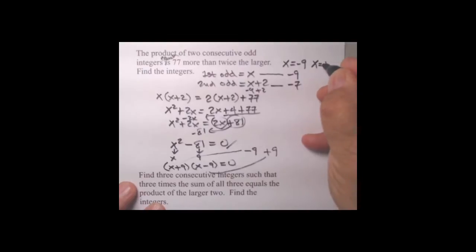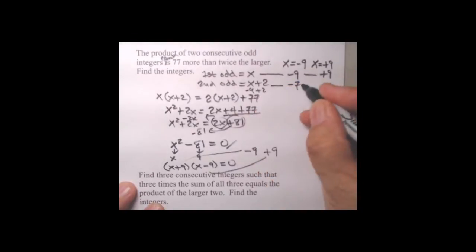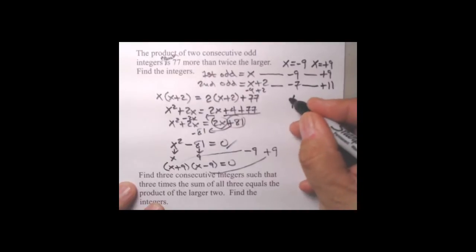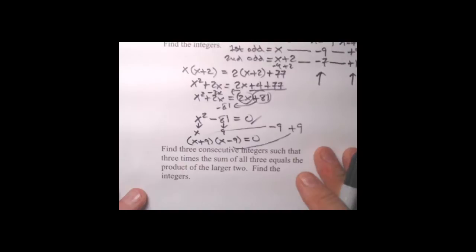So x equals plus 9. Well, the x is just plus 9. The x plus 2 would be 9 plus 2. This would be plus 11. So once again here, two sets of answers because integers can be positive or negative. Negative 9 and negative 7 work, and plus 9 and plus 11 work.